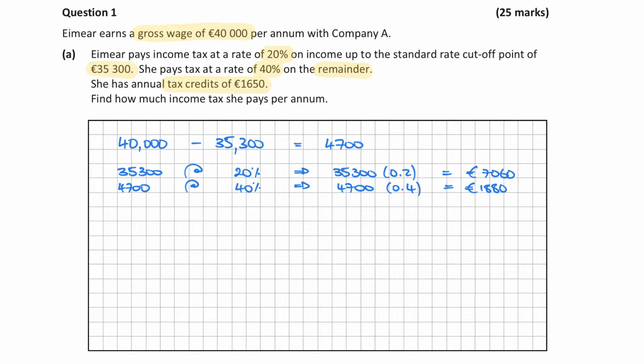So we now know the two rates of tax we're paying. So tax at 20% will be equal to 7,060 and tax at 40% will be equal to 1,880.